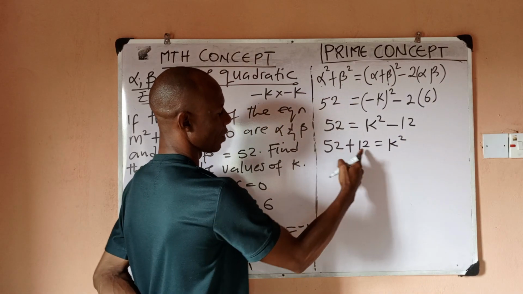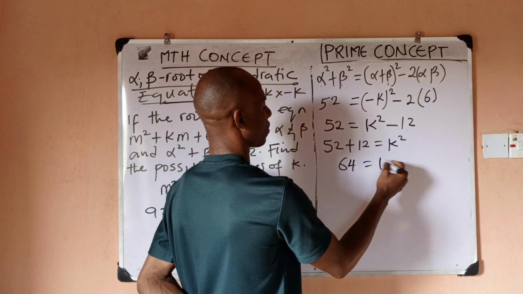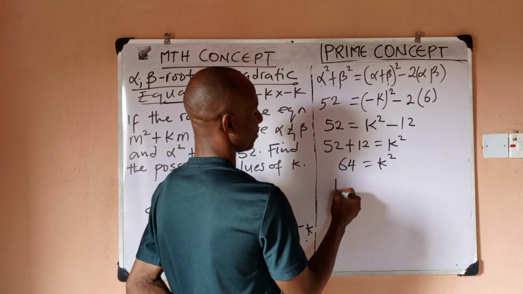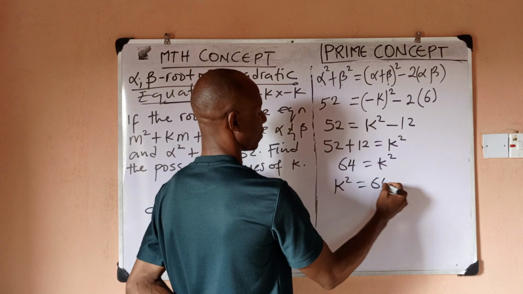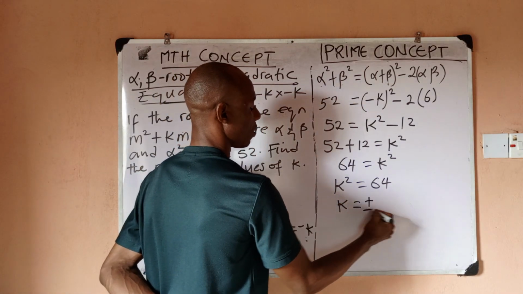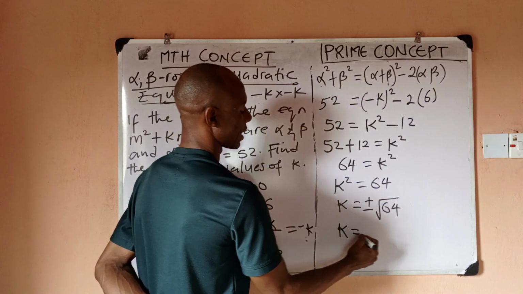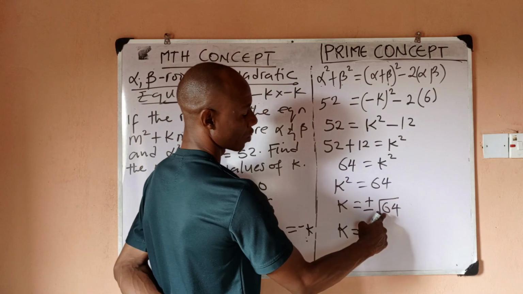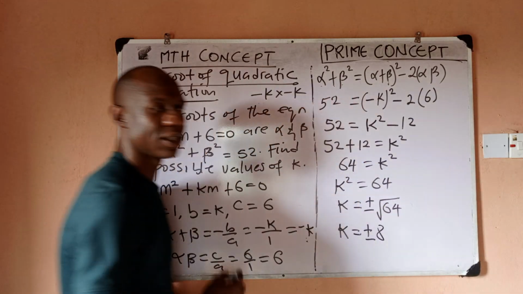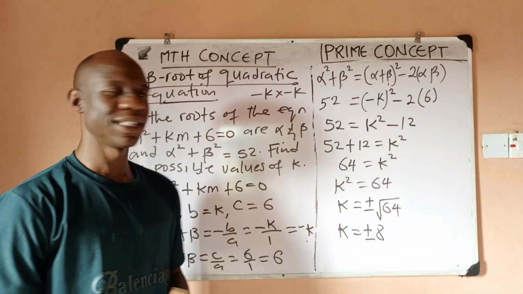So this plus this is 64. So this 64 equals k squared. I can simply say that k squared is equal to 64. And then I'll say that k is equal to plus or minus square root of 64. What is the square root of 64? 8. So the possible values of k would be either plus 8 or negative 8.